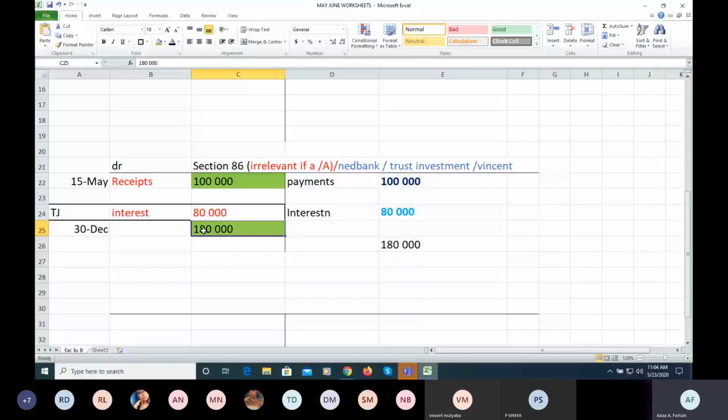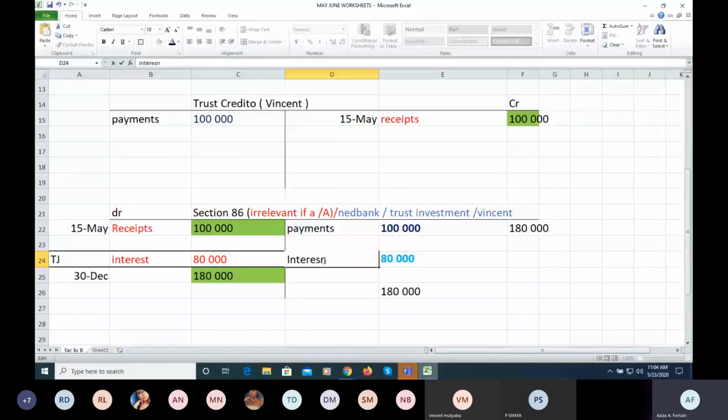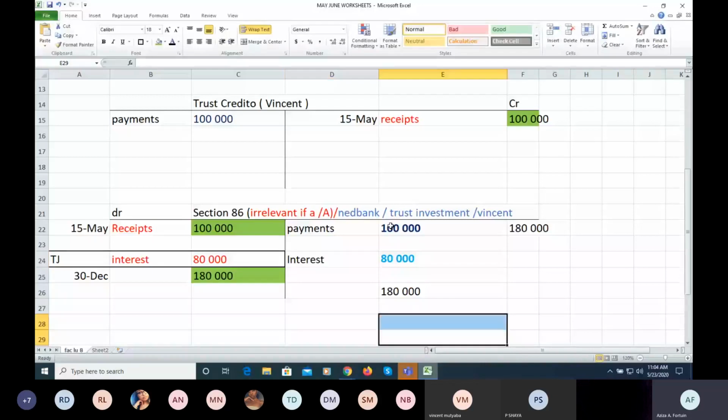Remember, the book shows you to remove the full 180,000, but I prefer to break it down, like I said to you the other day, into the 100,000, and I pay my trust creditor Vincent. Now Vincent's account is clear. The liability is reduced. That 80 is the contra account here.